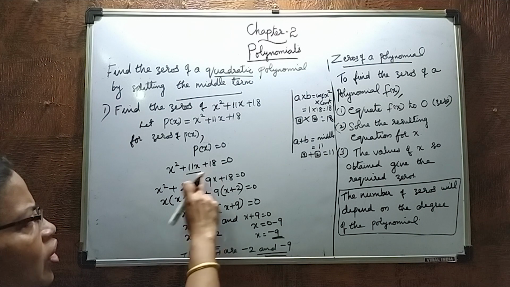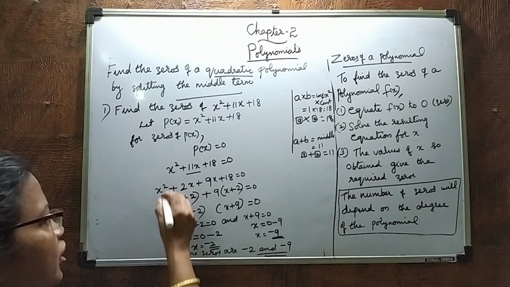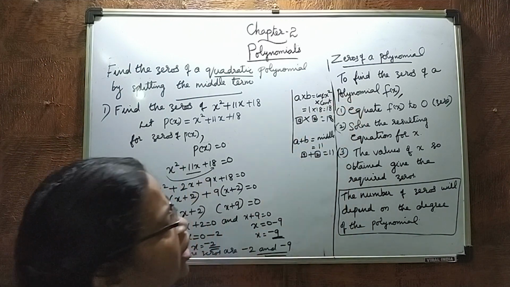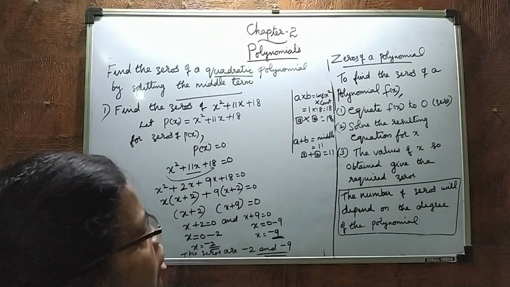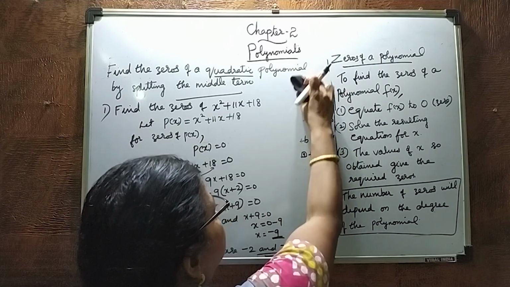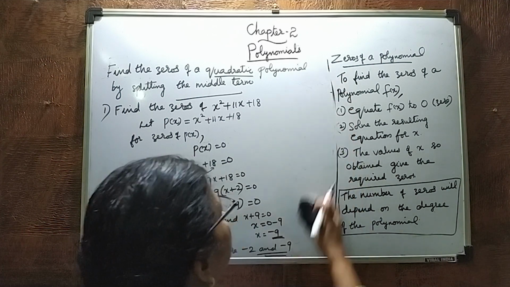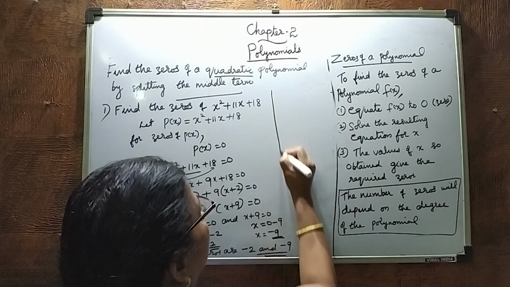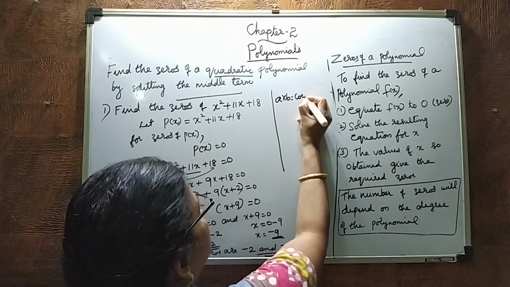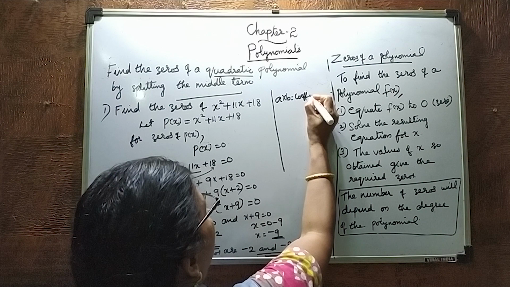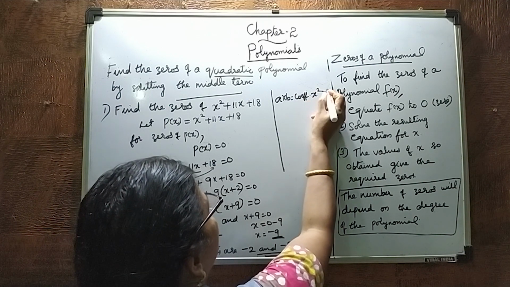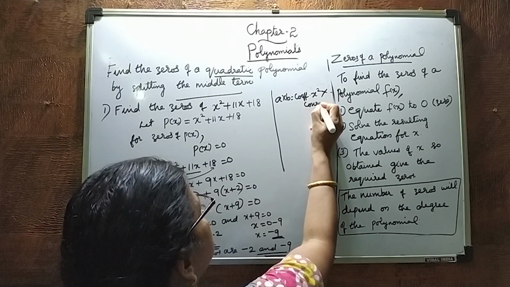Then now we are going to split the middle term. Here 1 is there, here 18 is there: coefficient of x square into constant. So here I will write it once again, in bigger handwriting. a into b is equal to coefficient of x square into constant.